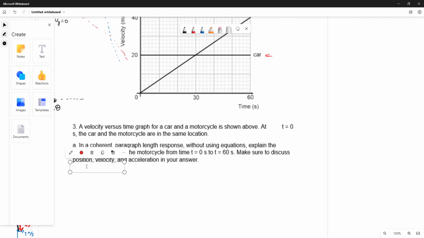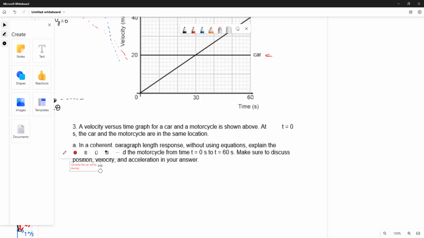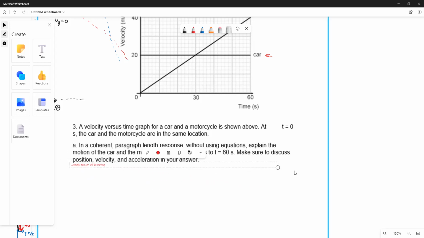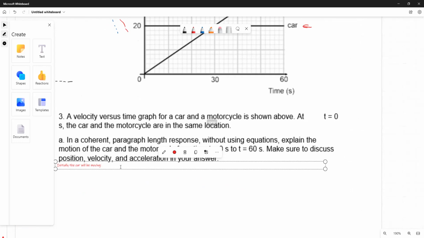So we know that initially the car will be moving with a greater velocity than the motorcycle.